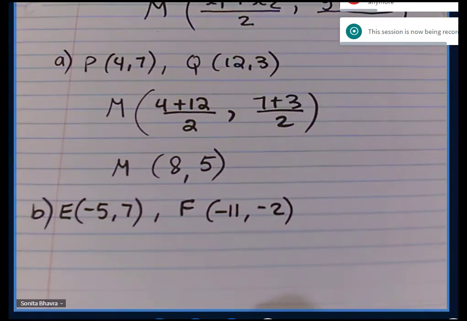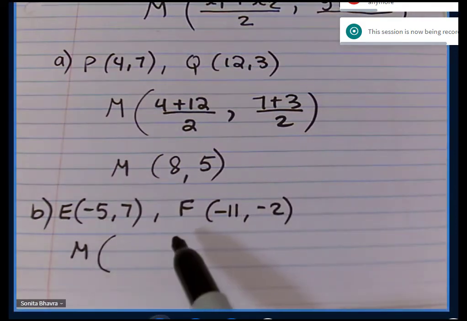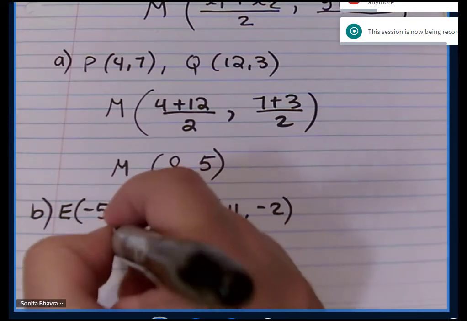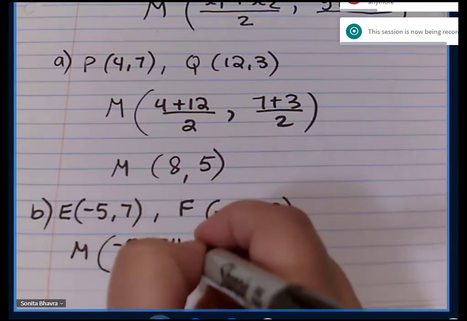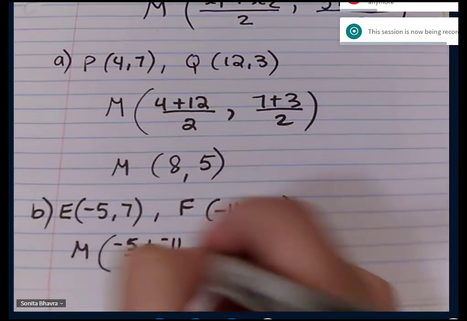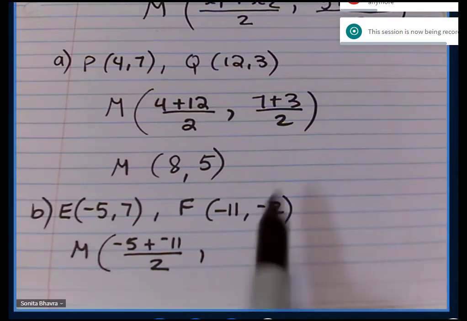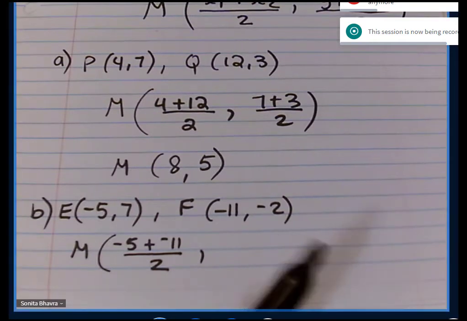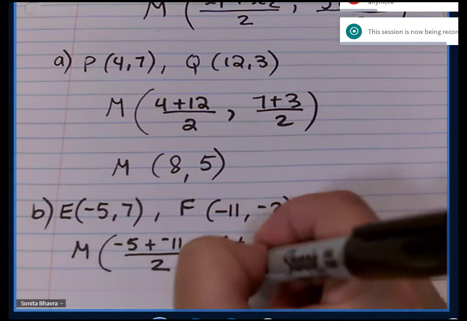All right, so x1 plus x2, so negative 5 plus negative 11, divided by 2, comma, y1 plus y2. So 7 plus negative 2 and divided by 2.